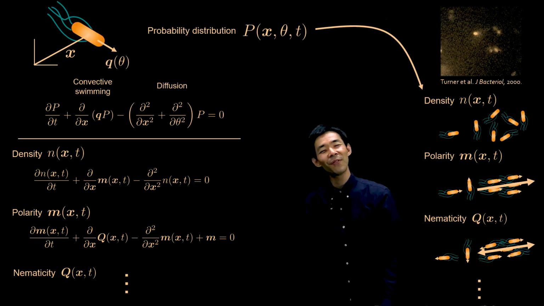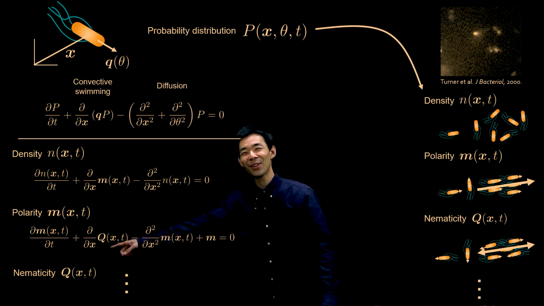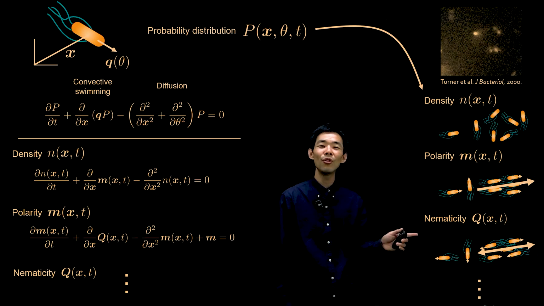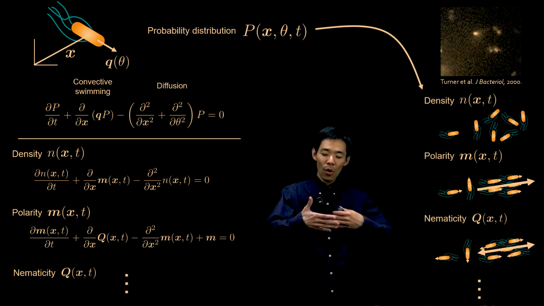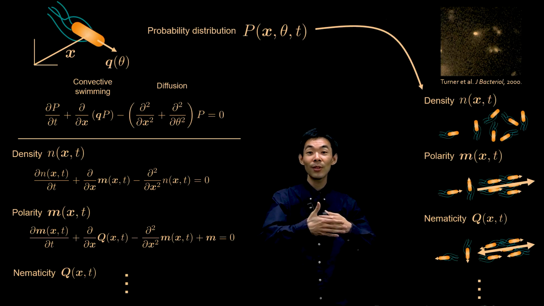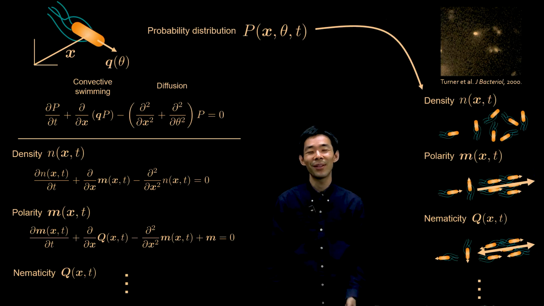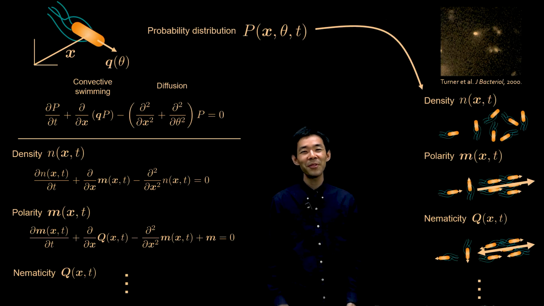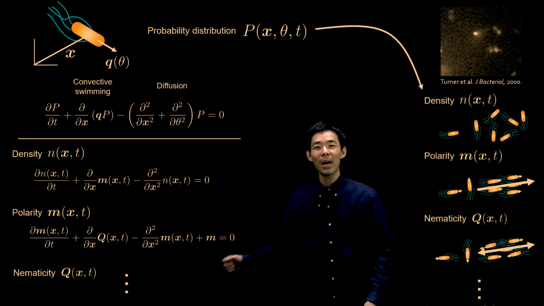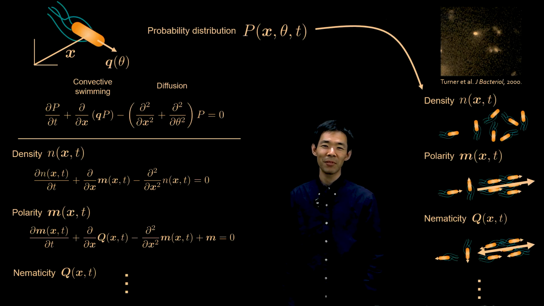But of course, unfortunately, the convective term right here is going to couple to one moment higher, which is called the nematic order. This tells you how the constituents are aligned relative to their neighbors. As you can see, the next equation for the nematic order will couple to one moment higher, called the skew field.